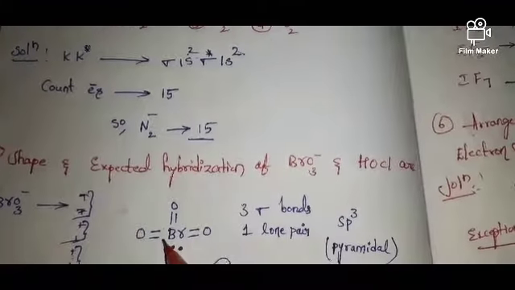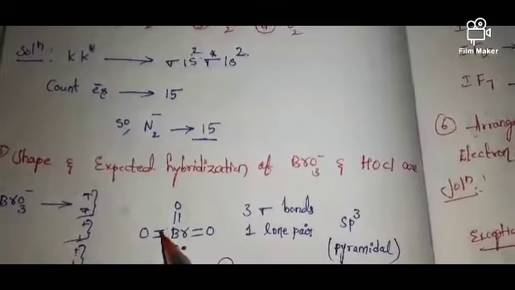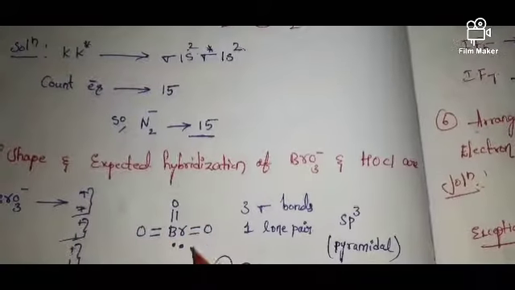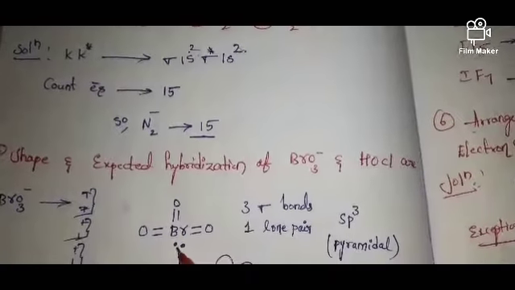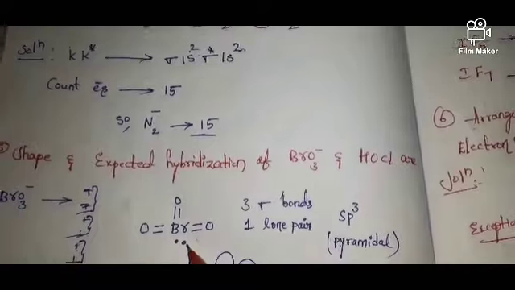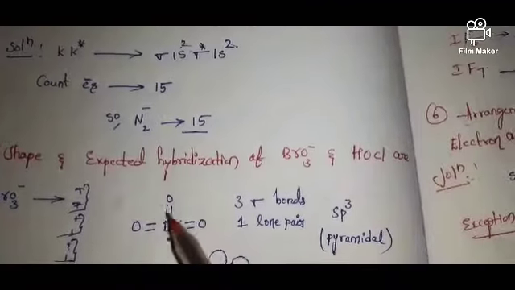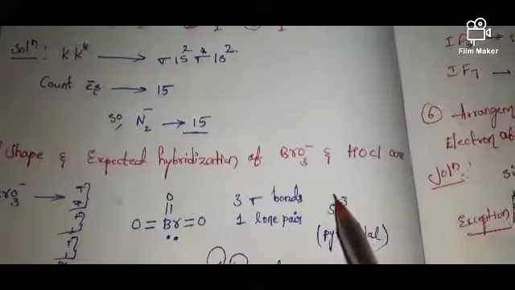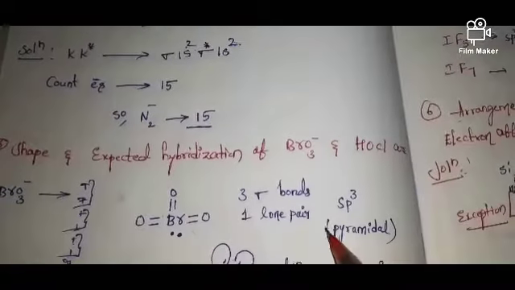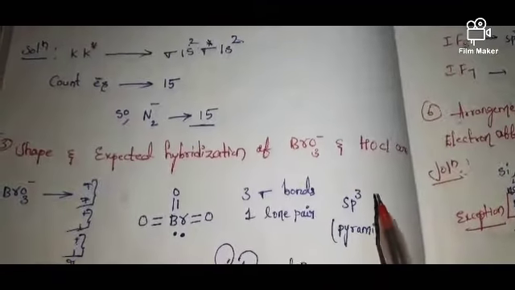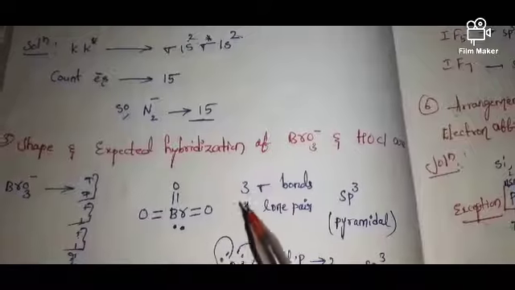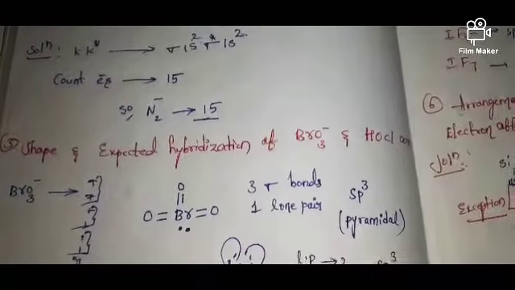Now I am counting the electrons related to bromine: 1, 2, 3, 4, 5, 6. That's why I have kept one lone pair of electrons here. That means we have 3 sigma bonds and one lone pair, so it undergoes sp3 hybridization and has a pyramidal shape.